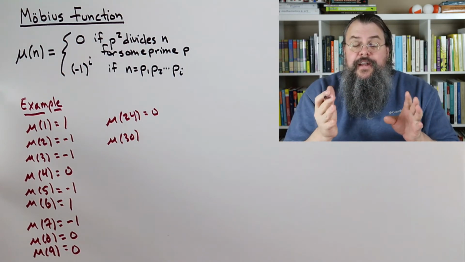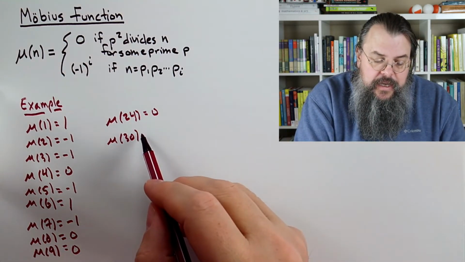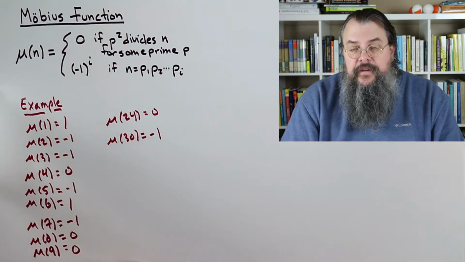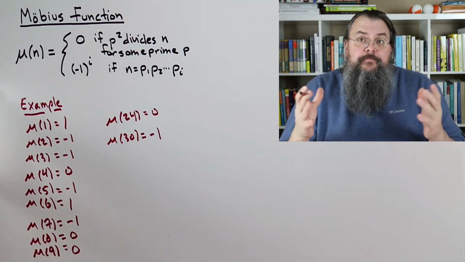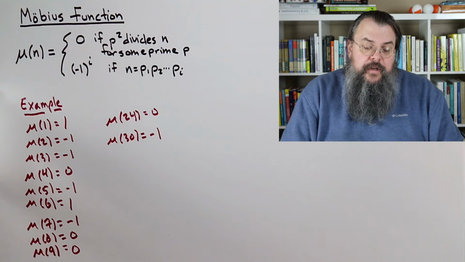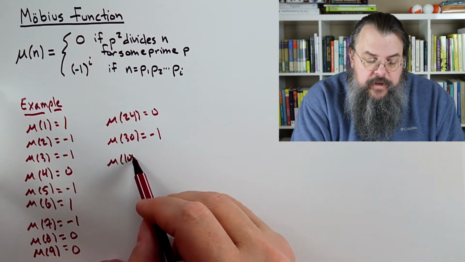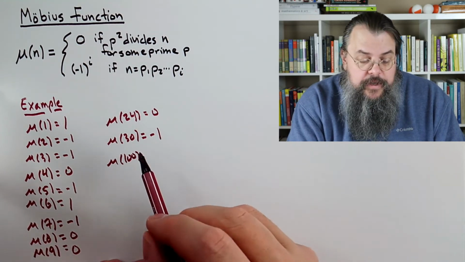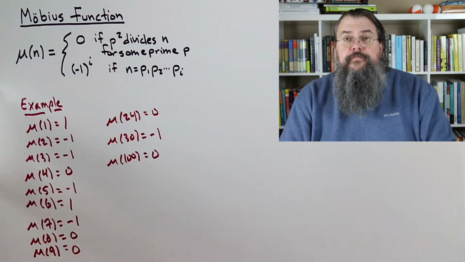No squares, that's good. There's 3 different primes, so that would make it a minus. And again, you can do this with any number that you want. There's a nice formula. And so we can plug in our favorite number. No, that's not 100, but you know, these are fairly straightforward to compute.